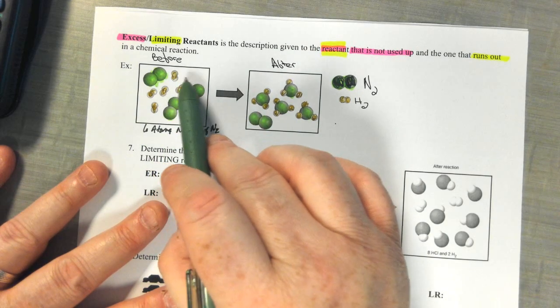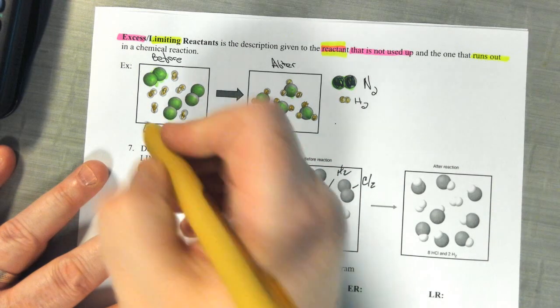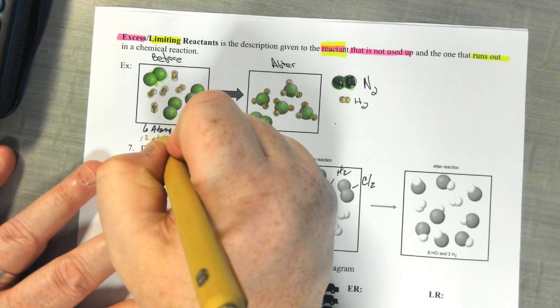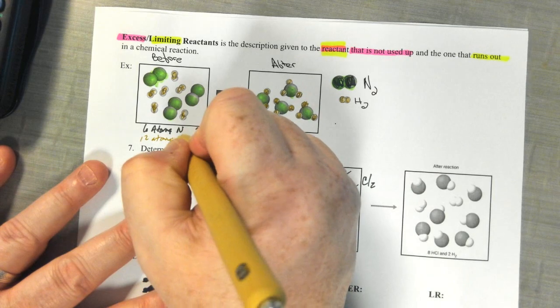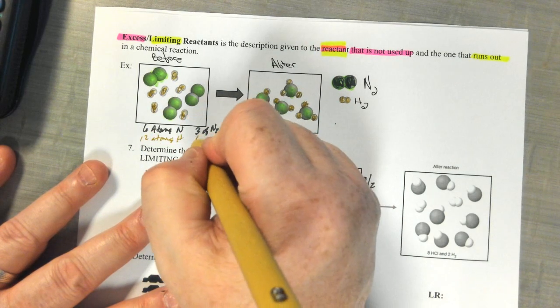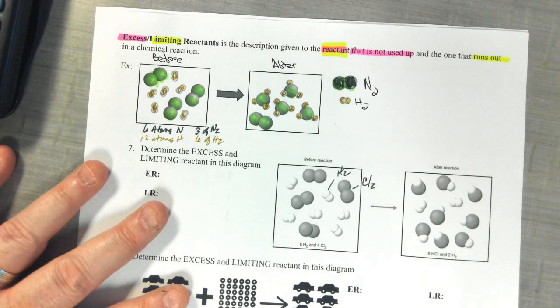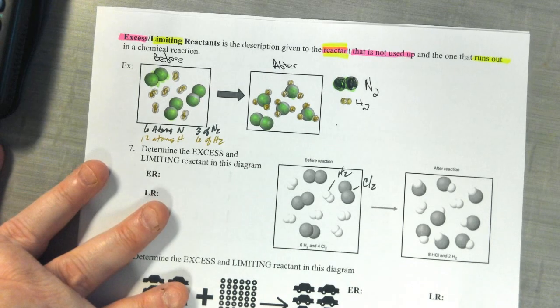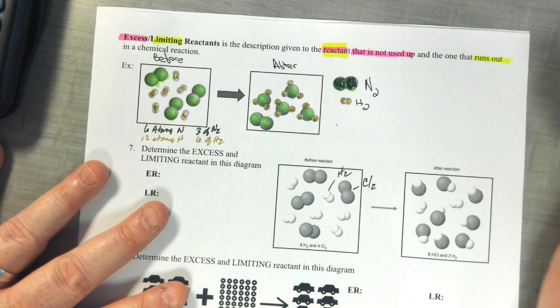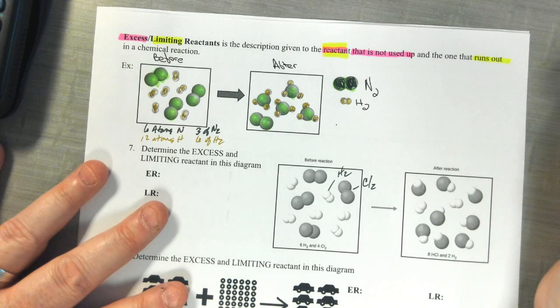Then I got 1, 2, 3, 4, 5, 6, 7, 8, 9, 10, 11, 12 atoms of the H, or 1, 2, 3, 4, 5, 6 molecules of H2. Okay? So when you're determining what the limiting and what the excess reactant is, you're really looking at the after box. Okay?